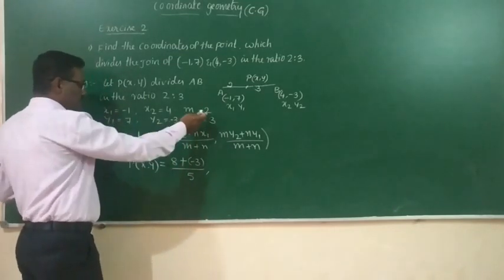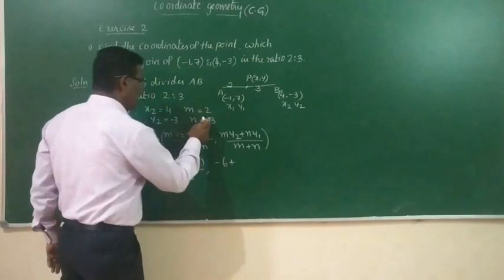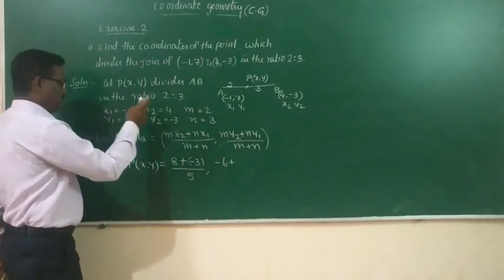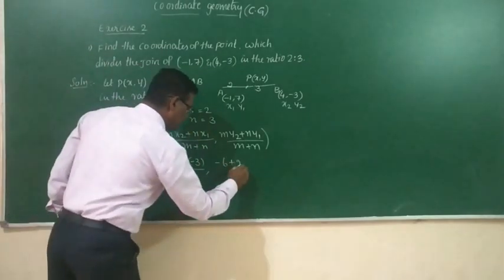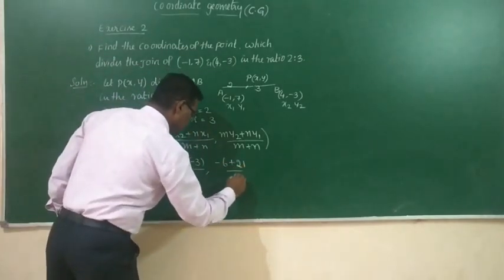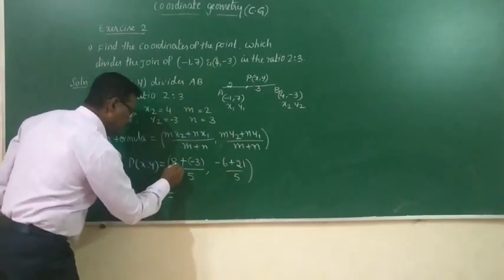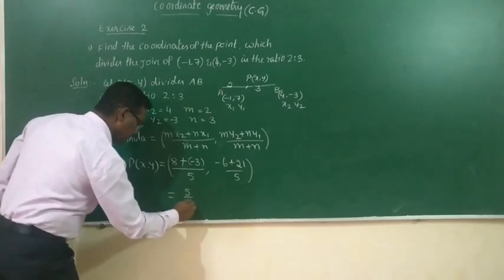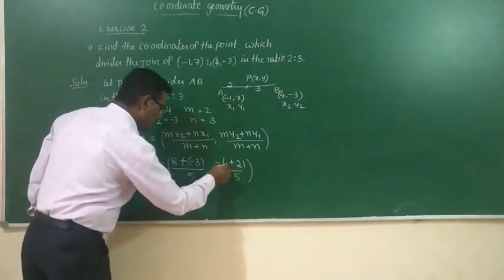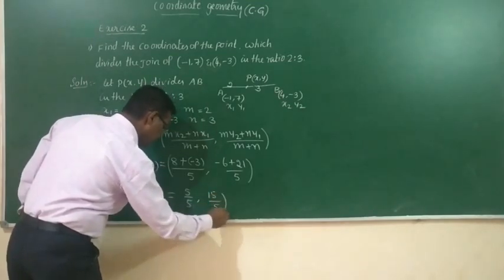my2, 2 into minus 3, minus 6, plus ny1, 3 7s are 21 by m plus n. Therefore, 8 minus 3 is 5 by 5. 21 minus 6 is 15 by 5.